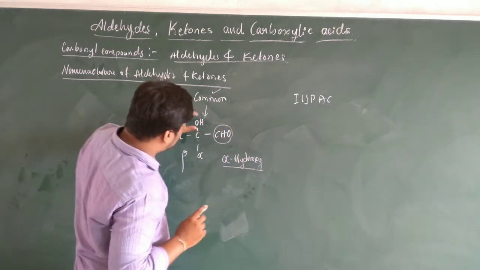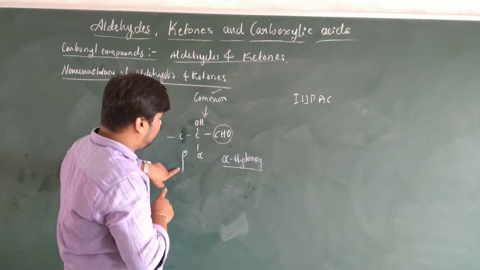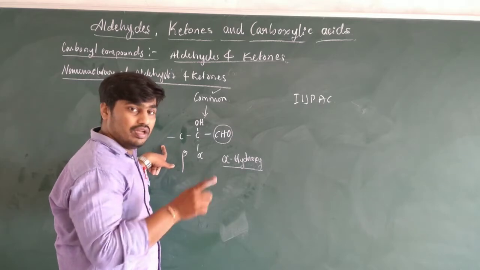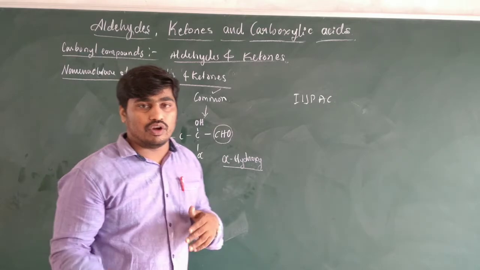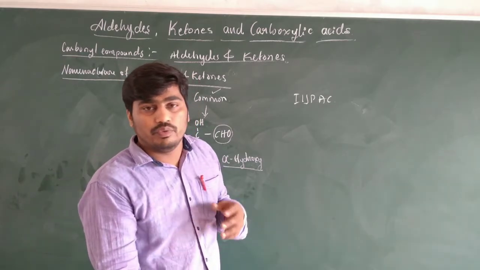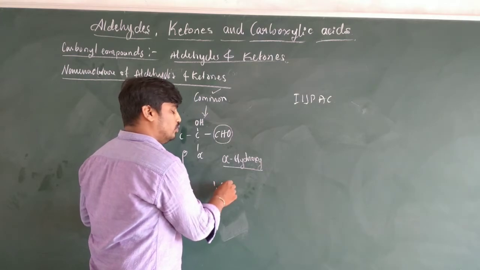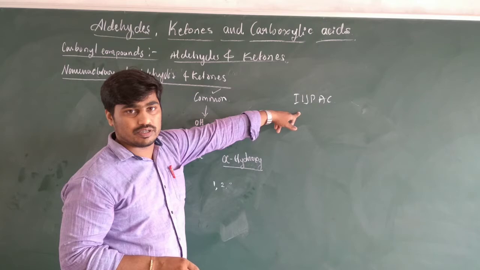system. Suppose the hydroxy group is attached to the third carbon, 1, 2, 3, then it is beta hydroxy. Next carbon, gamma hydroxy. During the common naming system we don't use numbers like 1, 2, 3. These numbers are used in the IUPAC system.